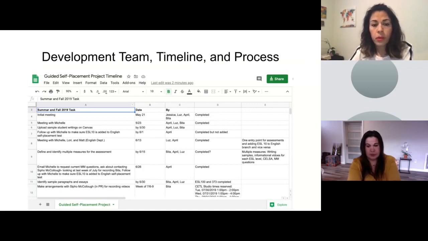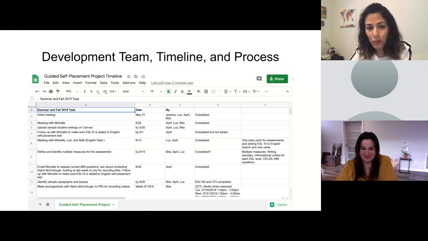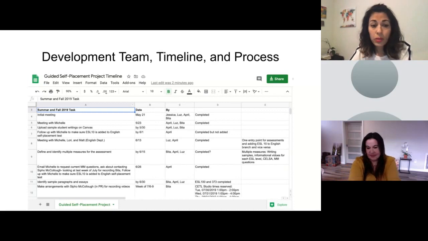So from a meeting with the testing department to what kind of assessment we want to have. We looked at the English department's guided self-placement as a model, or should I say as an inspiration, because we added our own twist. And this timesheet was really helpful to make sure we stayed on task, and we had deadlines for each task.